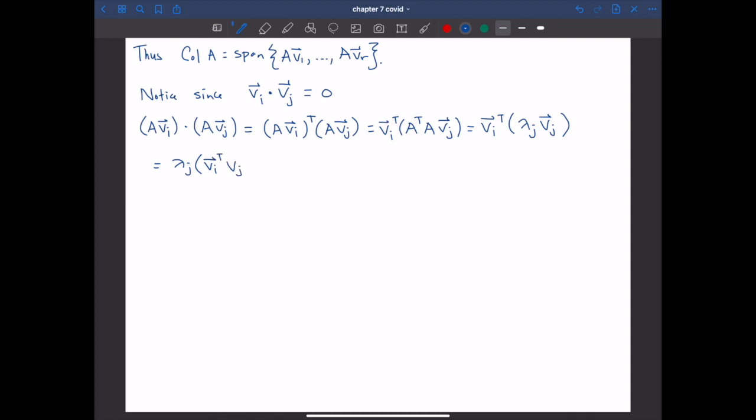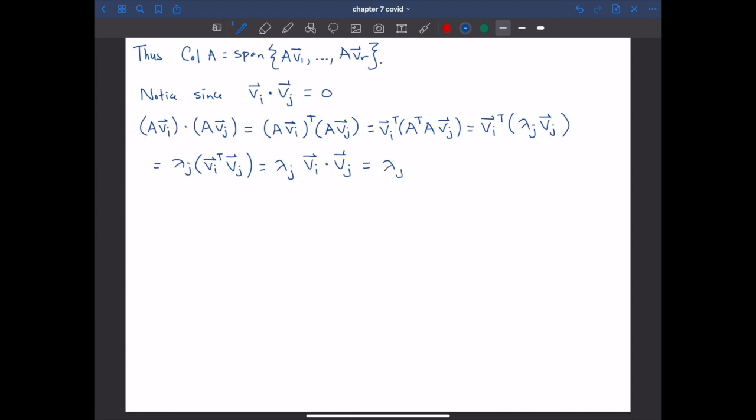I'm left with Vi transpose times Vj. And again, we can turn this into a dot product if we get rid of the transpose, and we end up with this. But remember, Vi dot Vj is equal to 0 because the eigenvectors were orthogonal to each other.